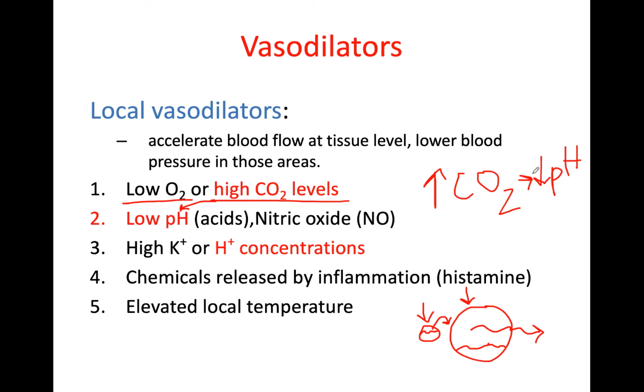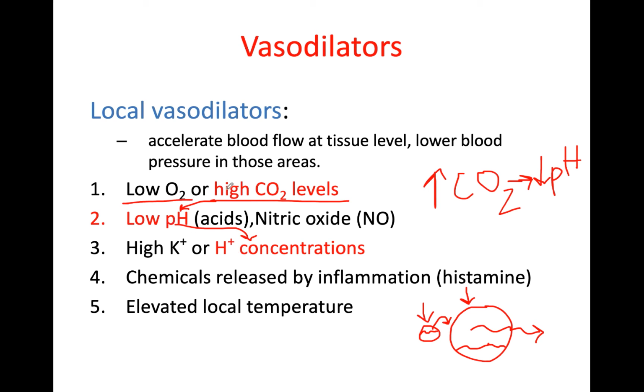I will teach you this mechanism a little bit later. Just for right now, I just want you to memorize this fact. So a high CO2 will cause low pH. And as you know, low pH is the same thing as saying high proton concentration. So I put these in red because they're all kind of correlated with each other.